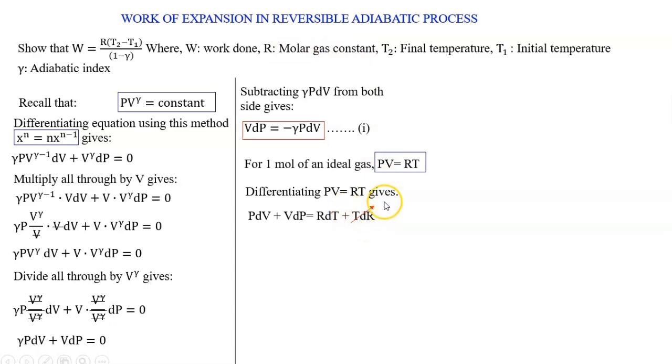So the whole of this one is going to be out. So the expression reduces to P dV plus V dP is equal to R dT.